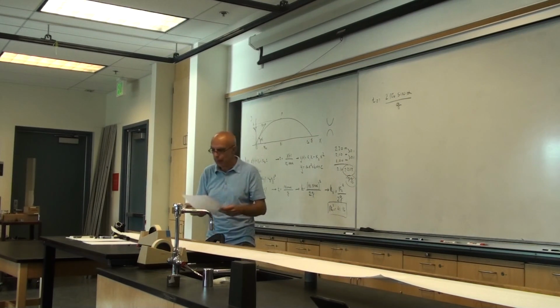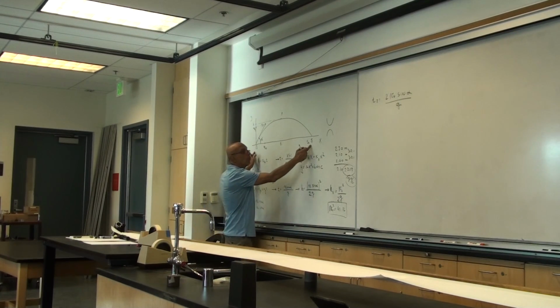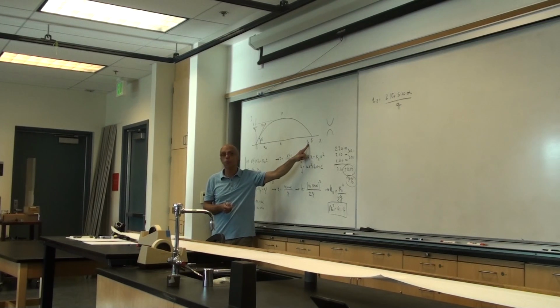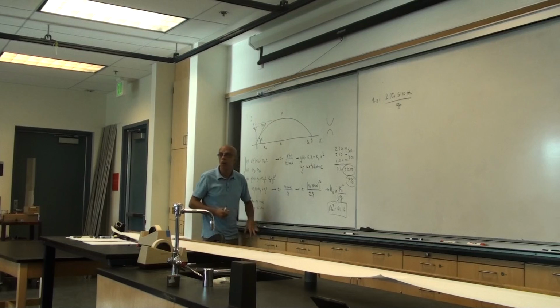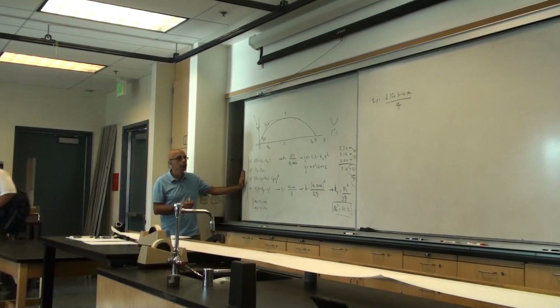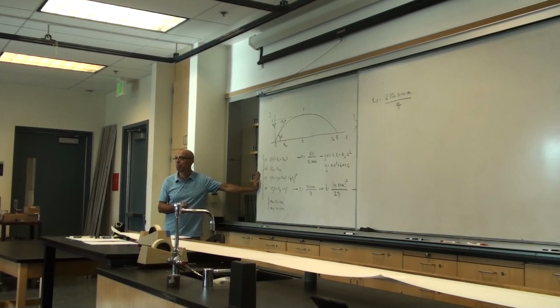Okay? Now, to calculate OS, we already have time, D2. What do we need to do now to calculate this distance? Which equations should we use? Three?